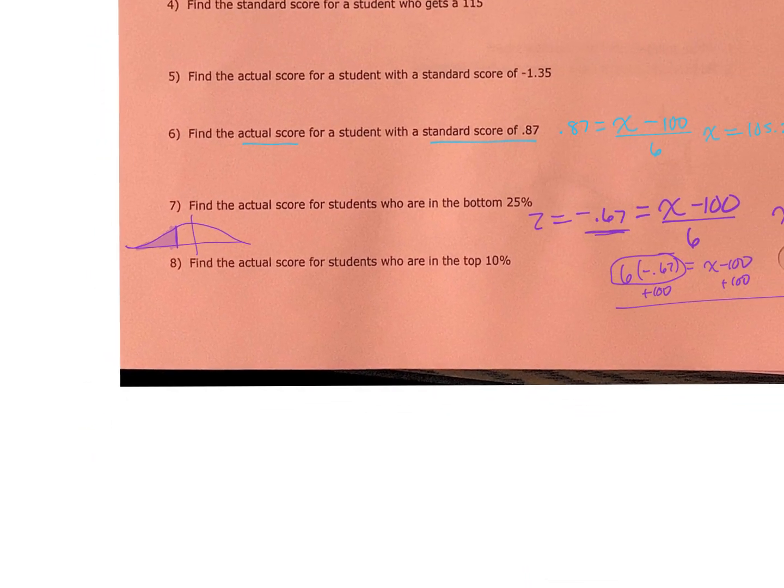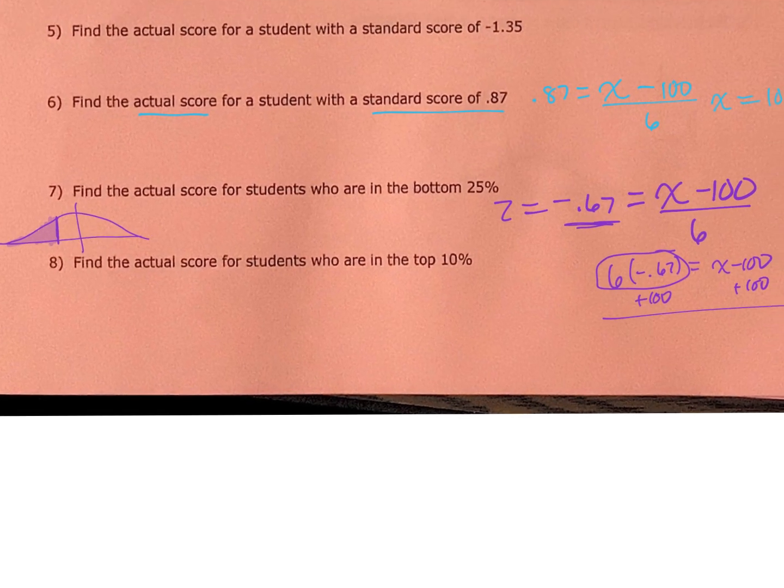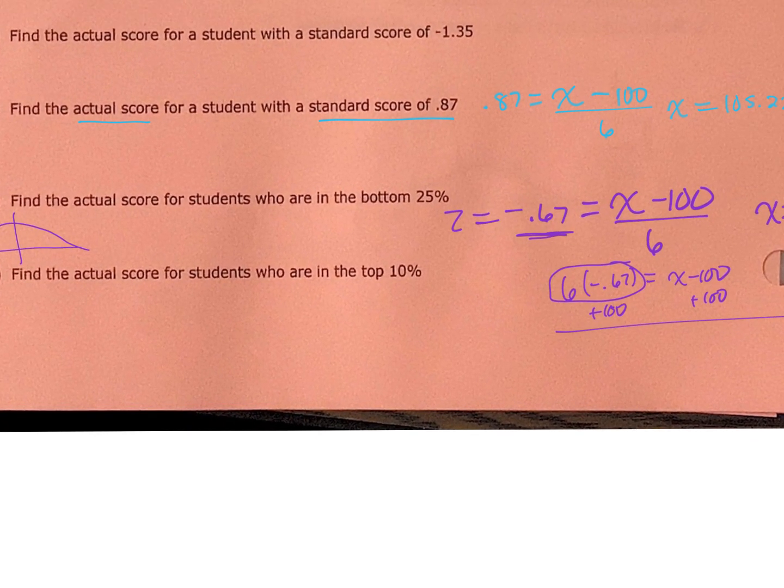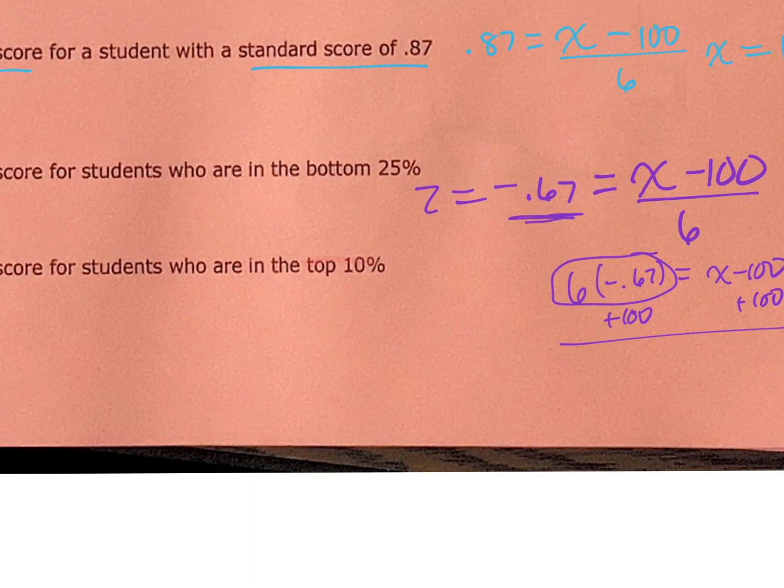All right, on this next question, you got to be careful reading this, because it's saying find the actual score for students who are in the top 10%. So I need you to think visually about what that's going to look like on a curve. I'm not drawing very pretty curves here, but the top 10% means we are up here somewhere.